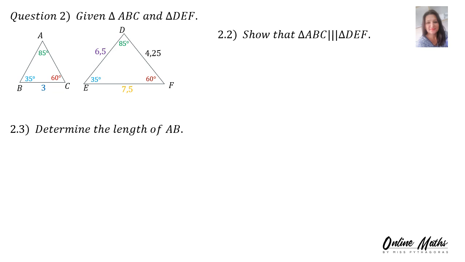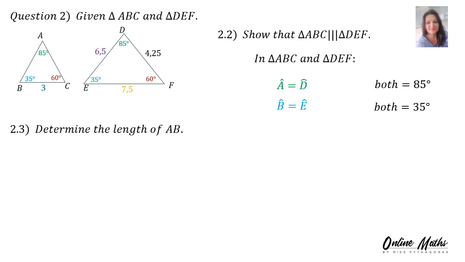So we can start by saying, in triangle ABC and triangle DEF, angle A is equal to angle D, 85 degrees. Both were given. We can say that angle B is equal to angle E, both are 35 degrees. And angle C is equal to angle F, both are equal to 60 degrees.